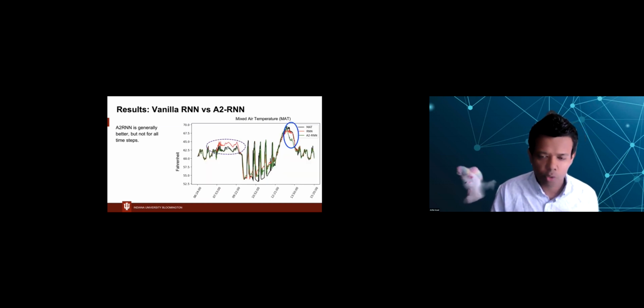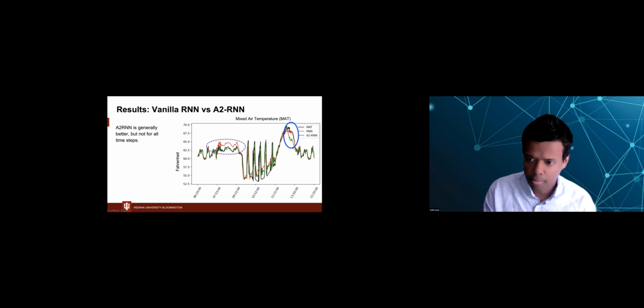Here is a third example where we are trying to predict mixed air temperature. In this case, again, we see that in some cases the attention-based method is performing better, for example, here. In some cases, like here in the blue circle region, the attention-based method is not performing well with respect to the ground truth.